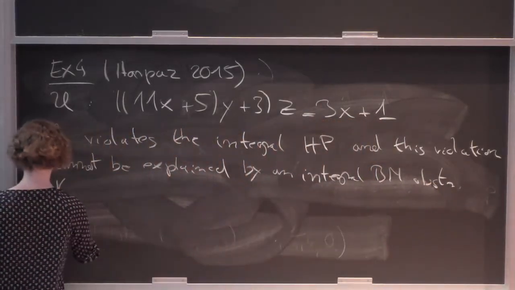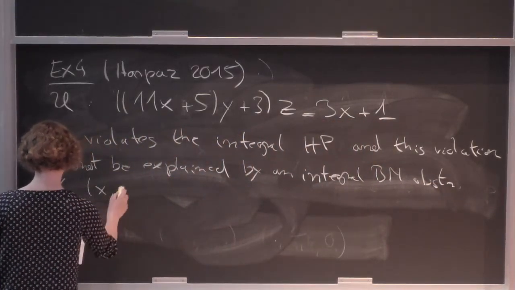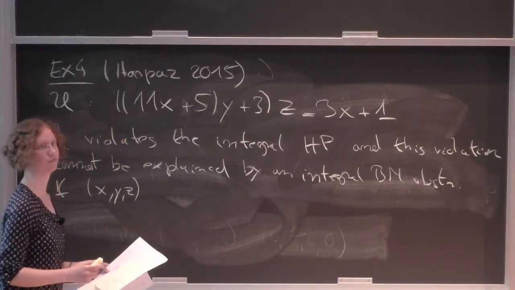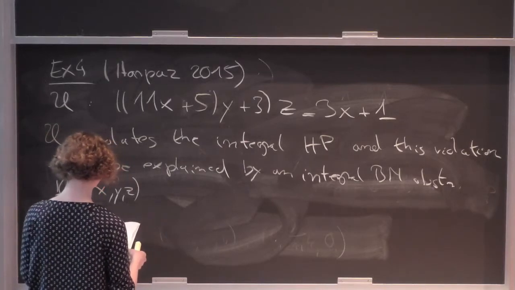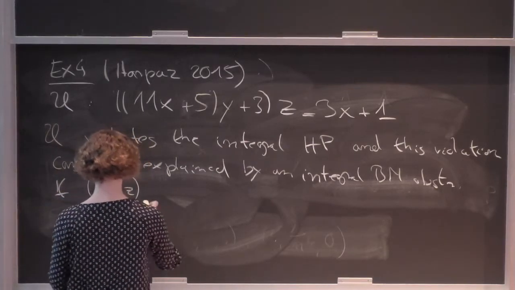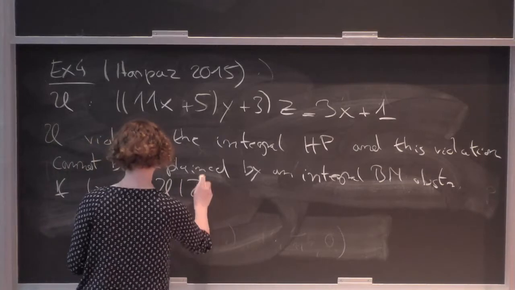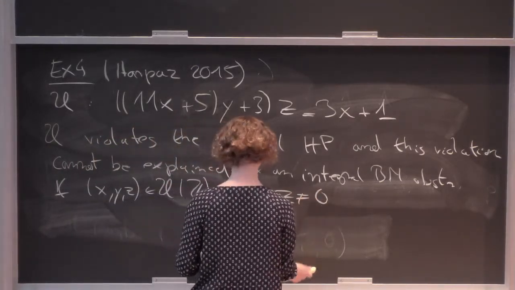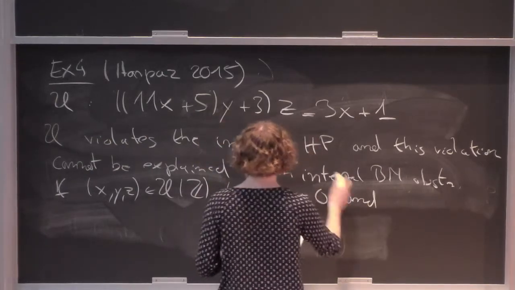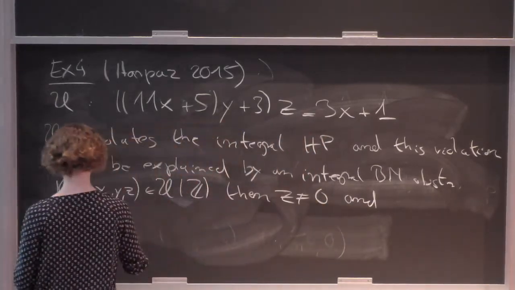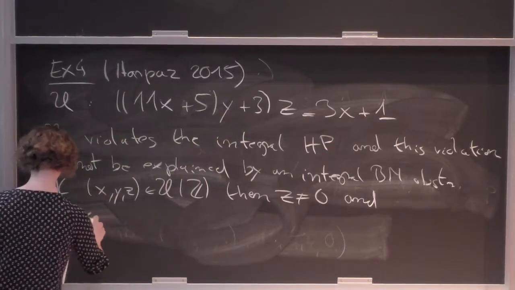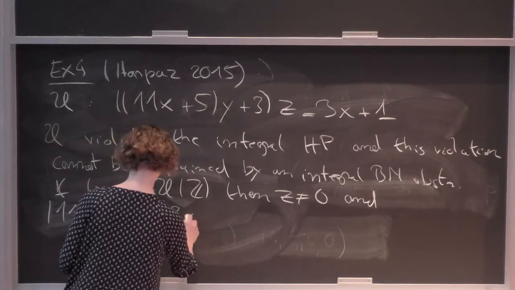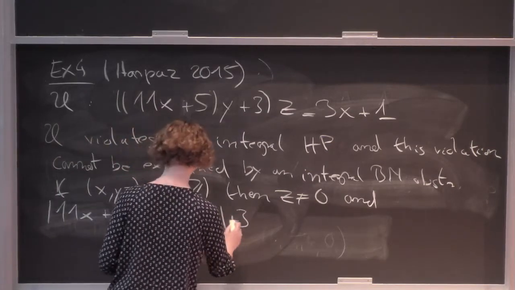So how you can see that there are no integral points, let's do that. If you had an integer point in here, then the argument that Harper's gives is, first of all, you observe that z is not equal to 0, since 1 is not divisible by 3. And on real points where x is at least 1, 11x plus 5 is bounded below by 3x plus 1 in absolute value plus 3.